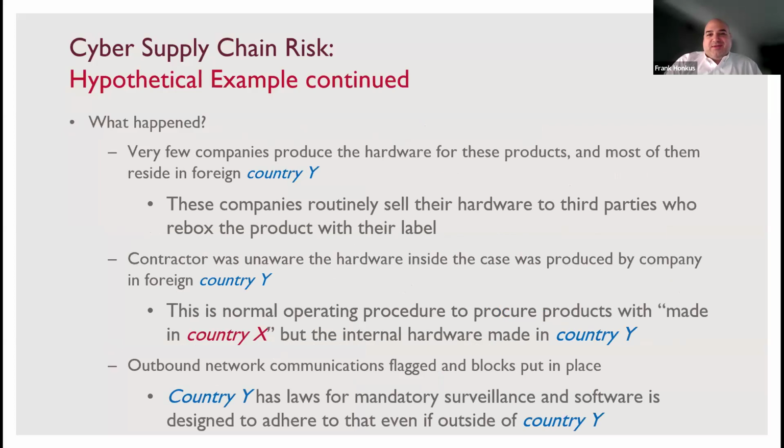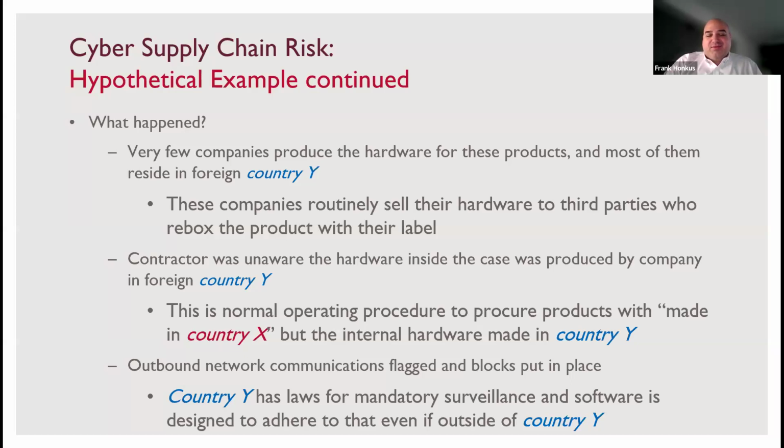And then the third party, in this case the contractor that you hired, was wrapping it with their own outside cover that said it was produced in country X. The contractor themselves is unaware of what's inside the case.